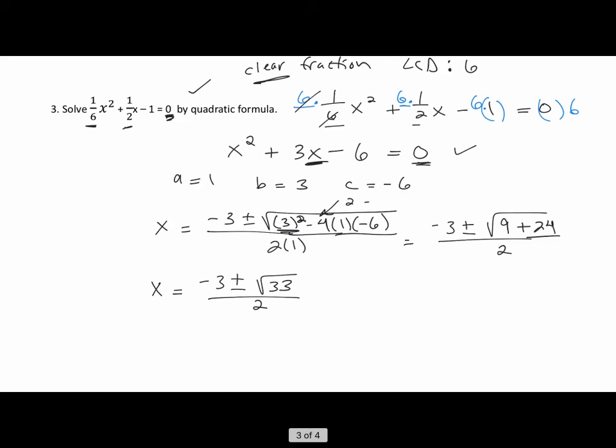And 33 is 3 times 11, so there's no perfect squares. There's no square factors inside of that. So this is as simple as it gets by hand. Again, you can separate this into negative 3 halves plus root 33 over 2, and negative 3 halves minus root 33 over 2 if you need to separate those answers.